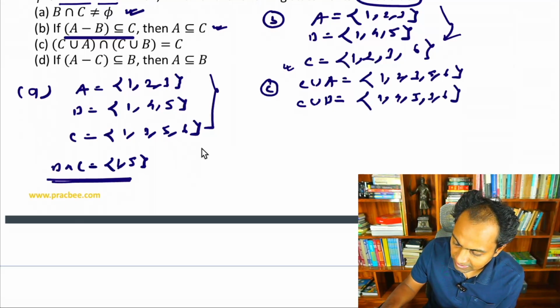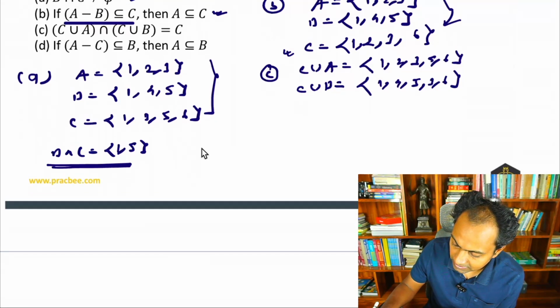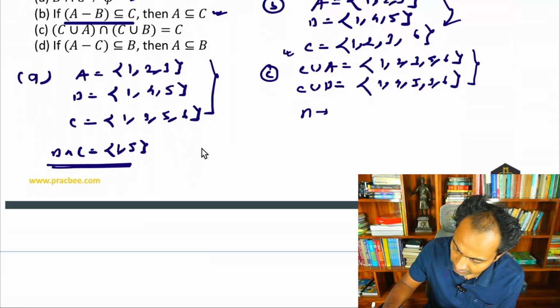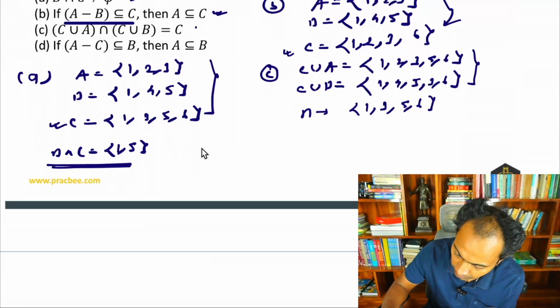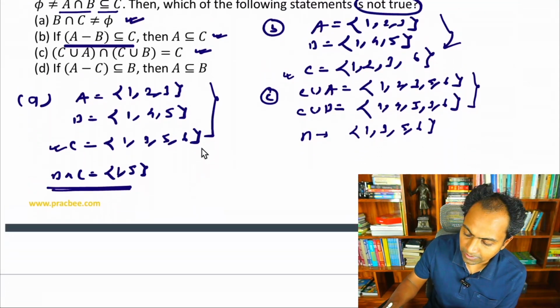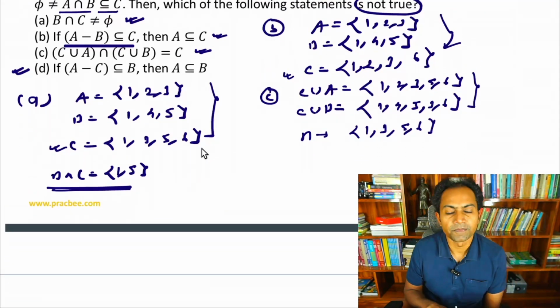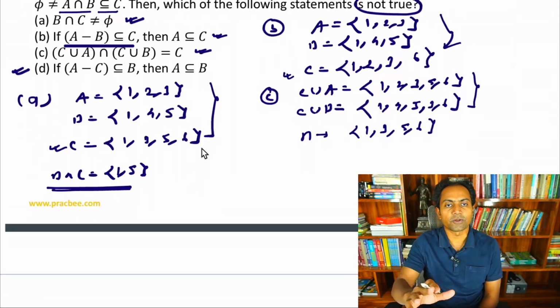The next part says that if I take the intersection of both of them, that intersection comes out to be 1. Then you can see that 2 is not there, 3 is there. Then you have 5, which is also there, and 6 is also there. So you can see that we have got the same set as C. So this statement also comes out to be true. So by elimination, we can take option D and move forward. If you want to still check, you can also check option D.